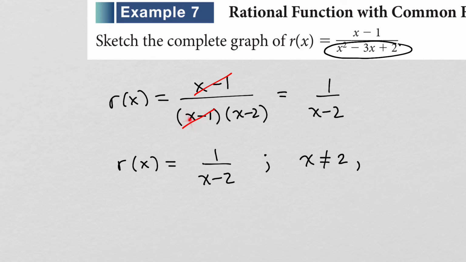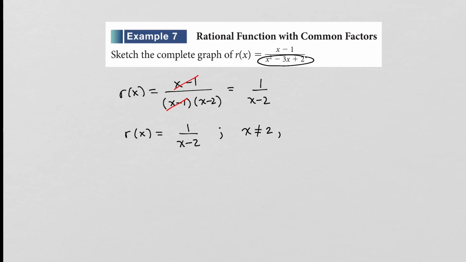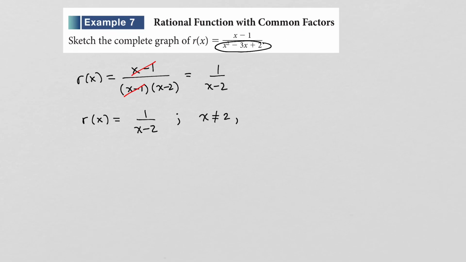Because if you plug in 1, you get 1 minus 1 is 0. And that would have given you 0 on the top and 0 on the bottom, which is still undefined. So even though it looks like that is no longer a problem because the x minus 1 factor is gone, we still have to take into consideration that original restriction.